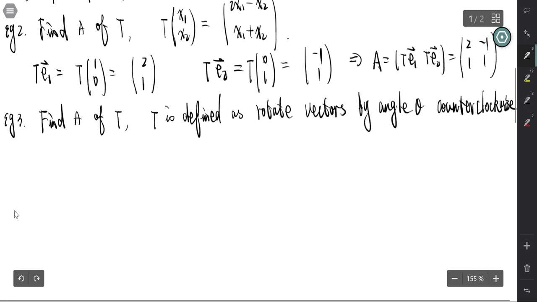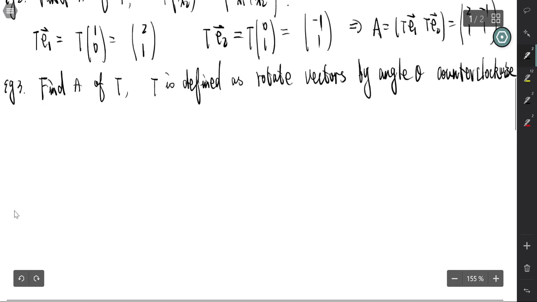Now let's draw the graph of this linear transformation. First, this e1 is changed to this vector. This is theta, and this vector should have new coordinates x and y. How to find x and y?